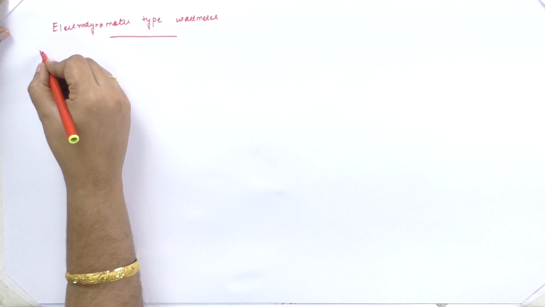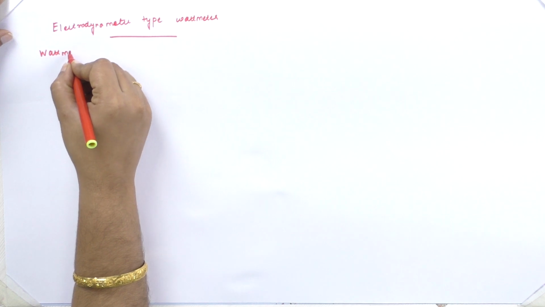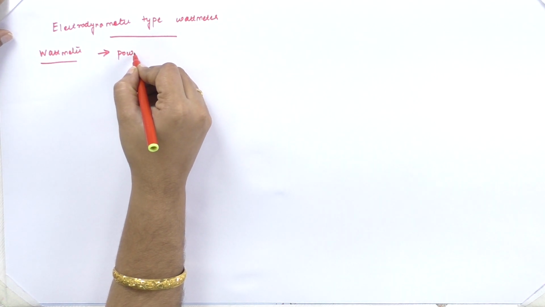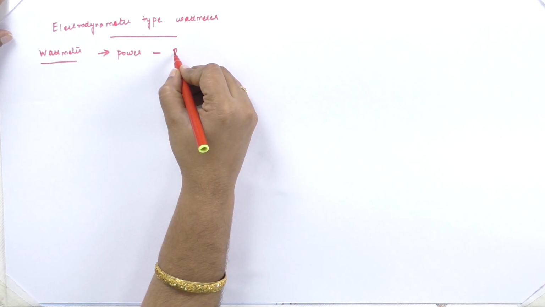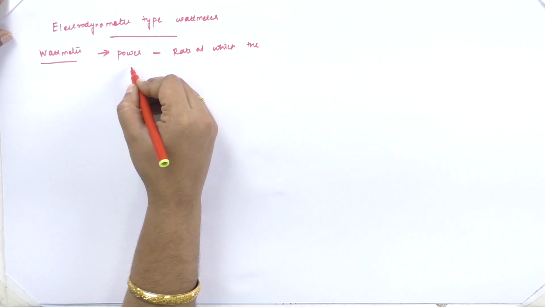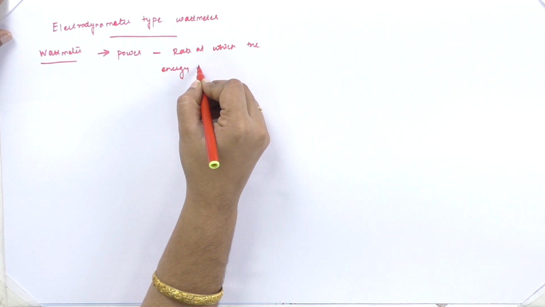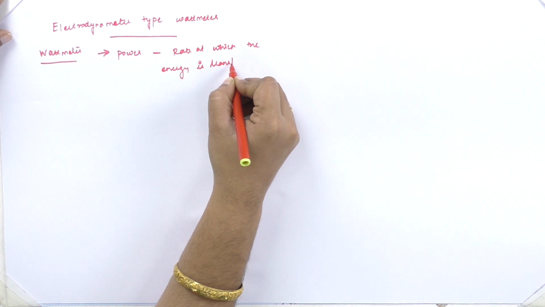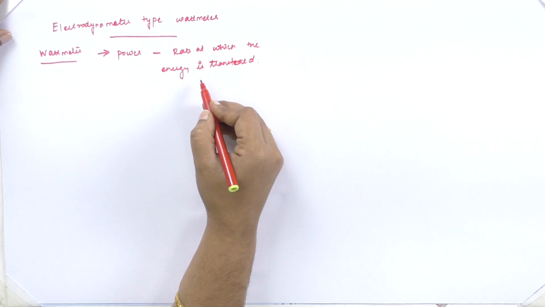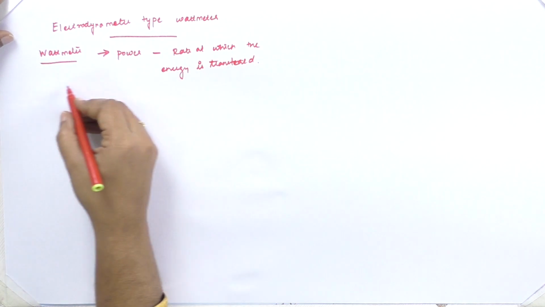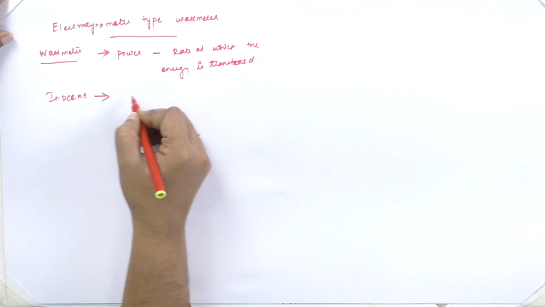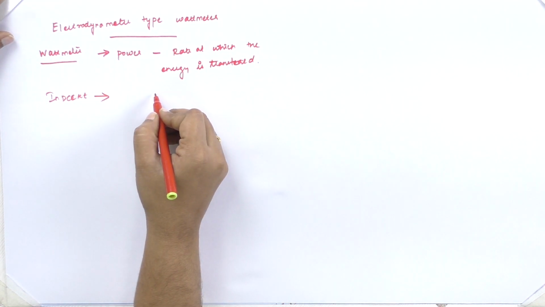First we will see what is a wattmeter. A wattmeter is a device which is used to measure power. What is power? The rate at which energy is transferred is called power. In a DC circuit, we can measure power with the help of a voltmeter and ammeter.